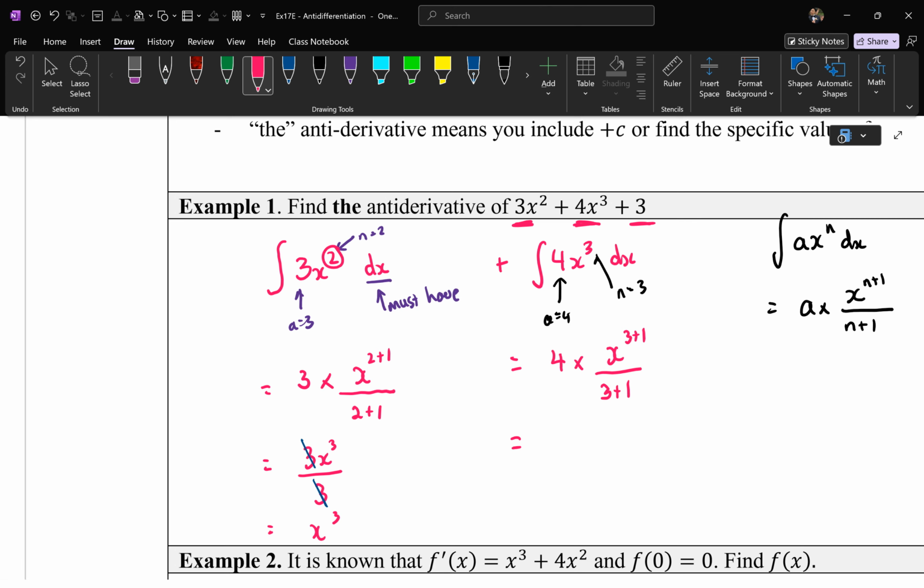Check what happens here. The 4 should cancel out because you end up with 4x to the power of 4 over 4. Cancels out to give you x to the power of 4, which makes a lot of sense. Because again, if I asked you to derive x to the power of 4, you would have said, bring the 4 down, minus the power by 1, and that's how you would have got 4x cubed.